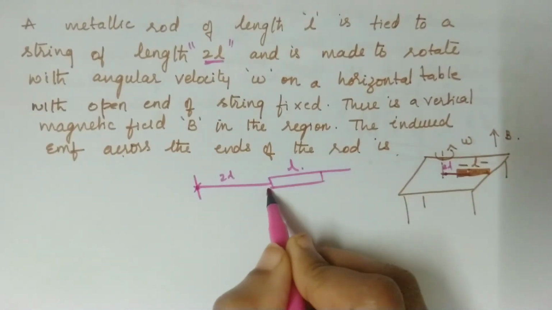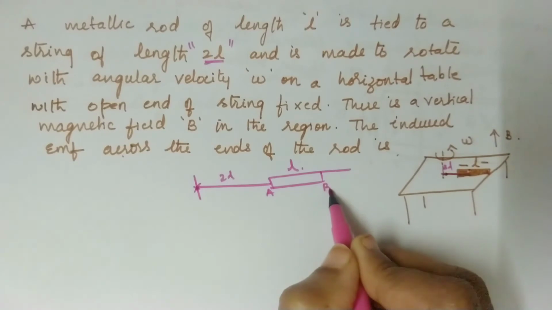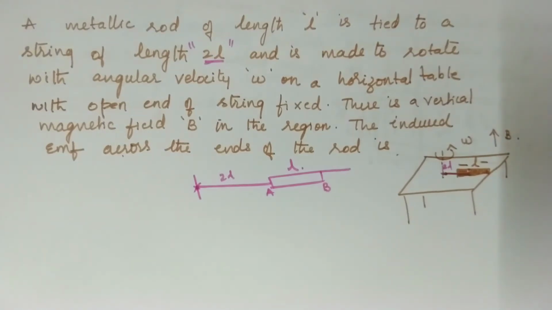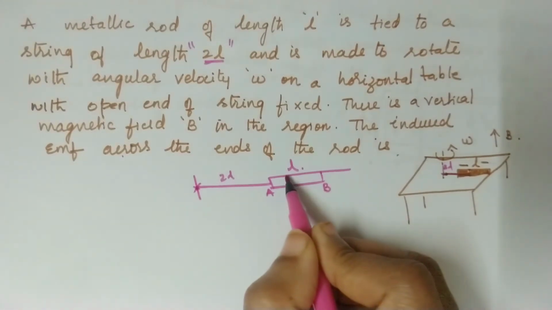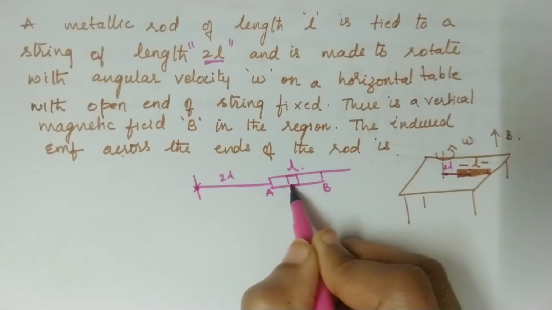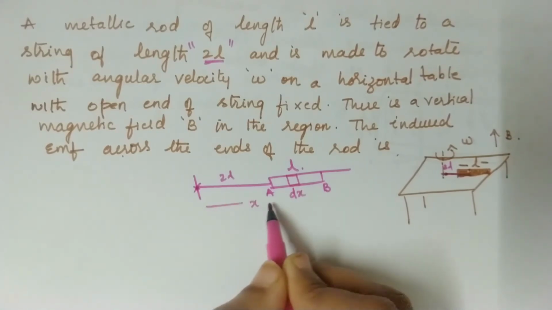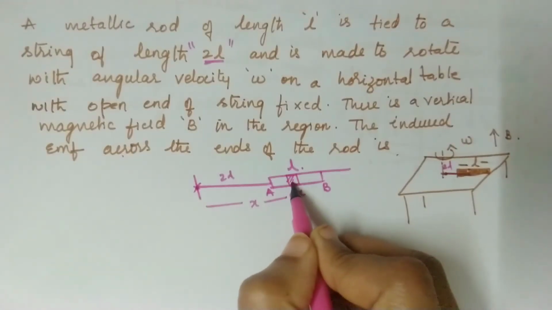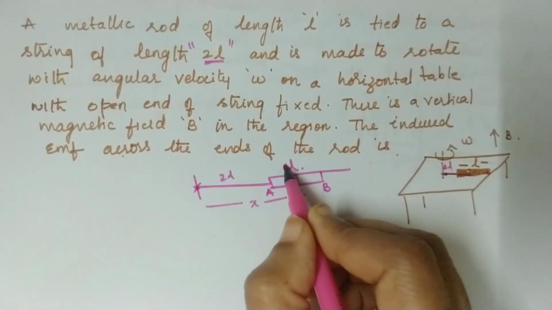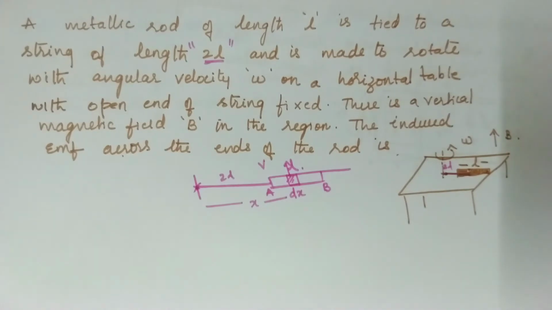So one end of the rod I will take as A, another end as B. Like we have done in the first case, take a small element whose length is dx, which is at a distance x. Since it is rotating, let this velocity be v.